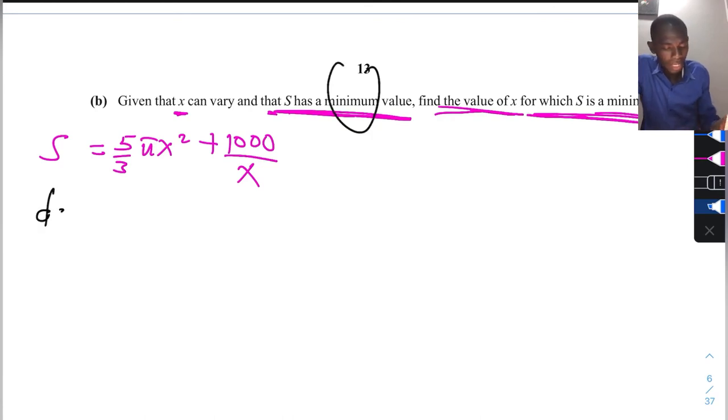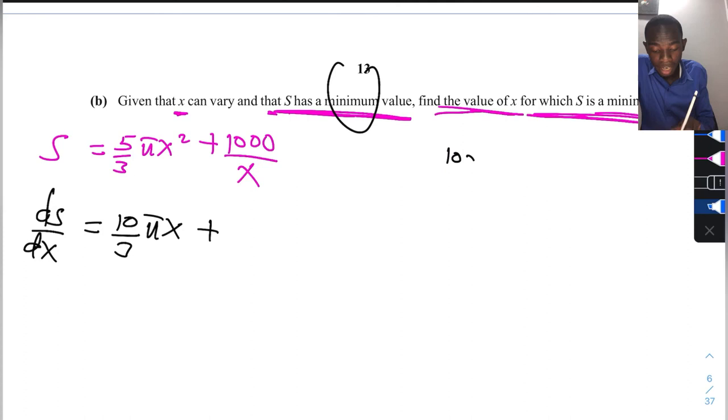So I mean, it doesn't matter. Let's differentiate it. ds dx will give us 10 over 3 pi x, right? And then this is going to be, check this thing out, don't get confused here. You have something like this, so you're going to have negative 1000 x to the negative 2.